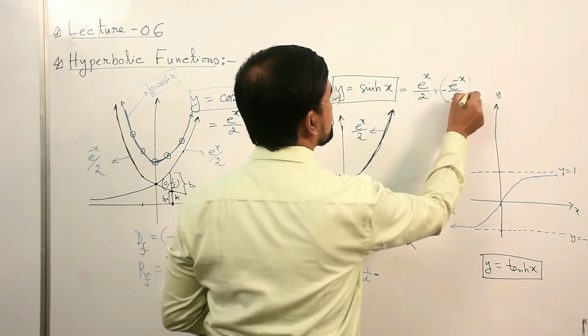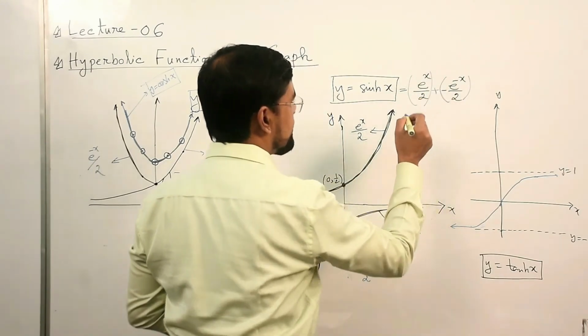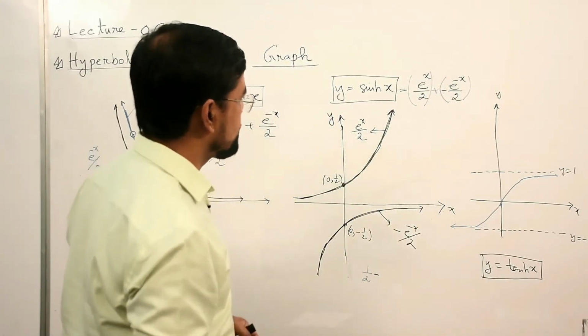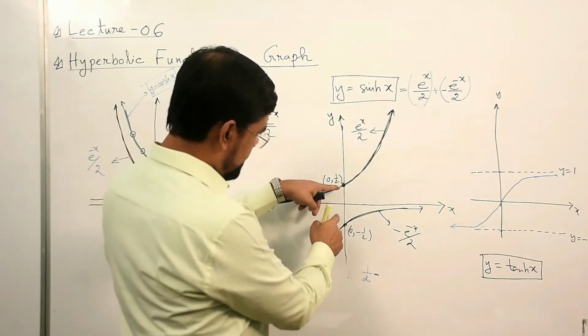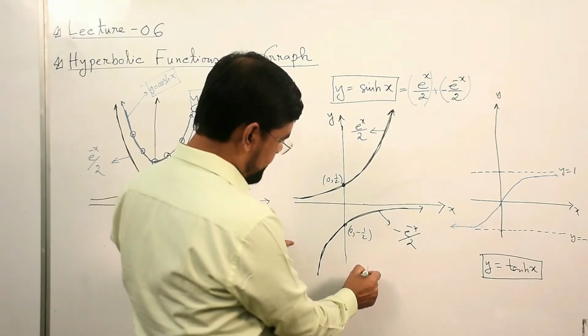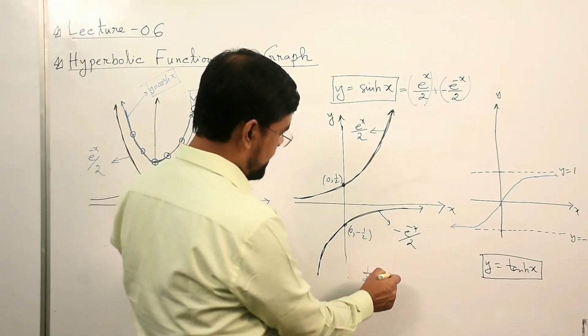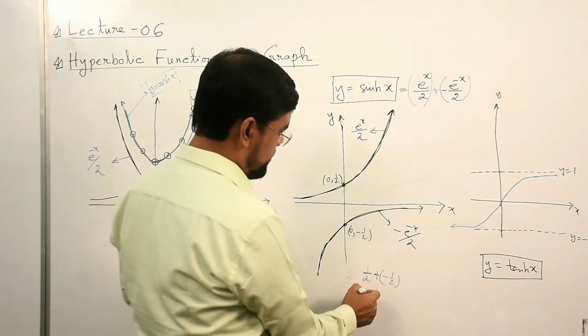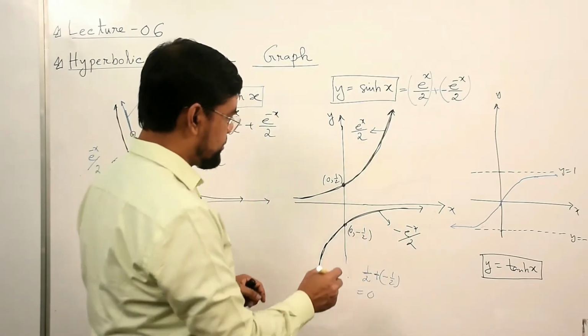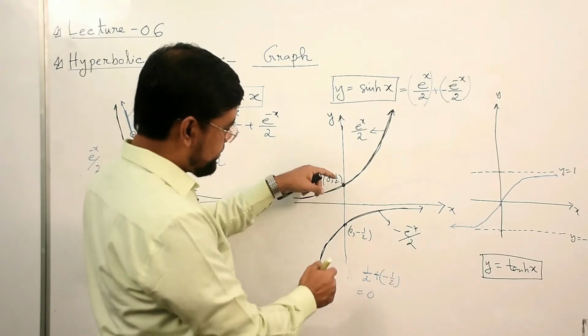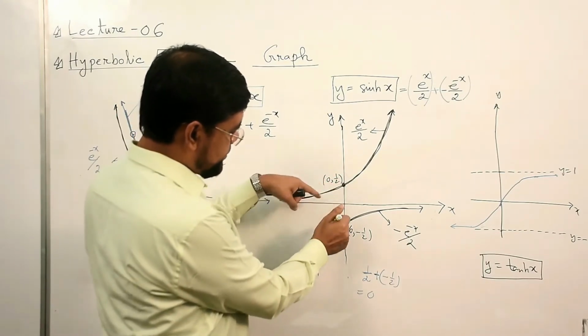So let us just add the two values from these graphs: half plus negative half, so you will get 0.